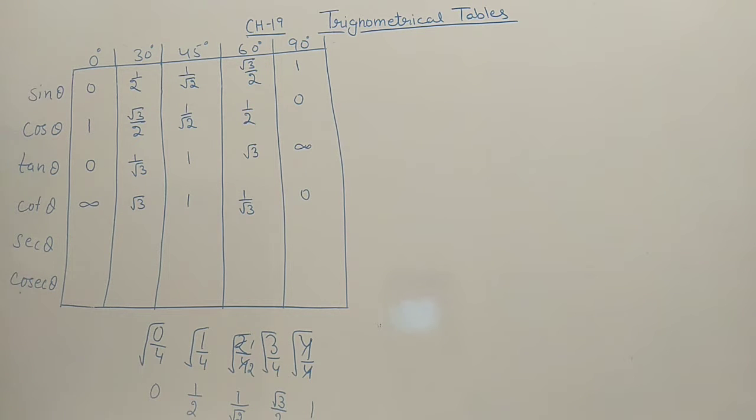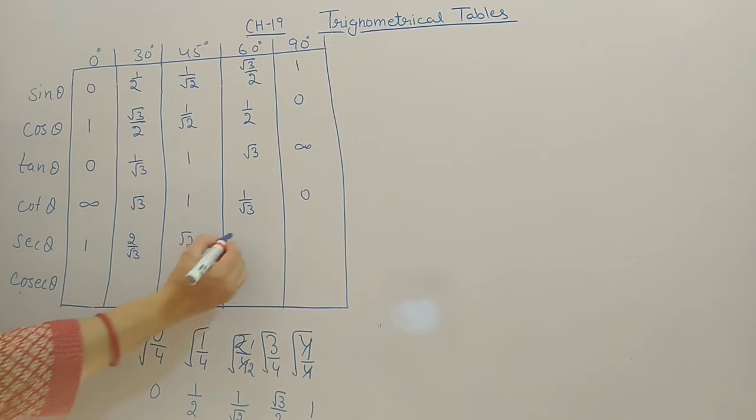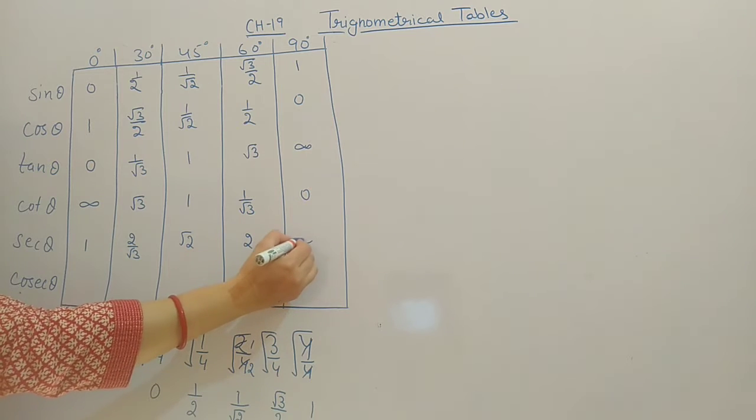Next we have sec theta. Sec theta is the reciprocal of cos theta. So we take the reciprocal of cos theta: 1, 2 by root 3, root 2, 2 and infinite.